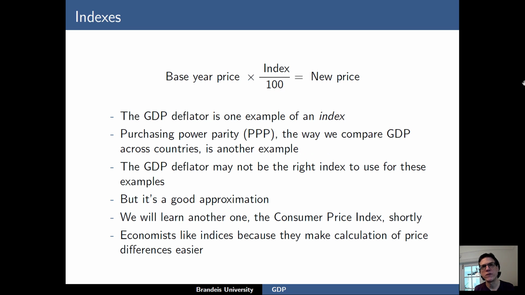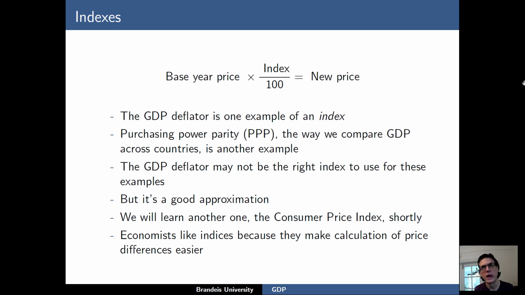Another example of an index we'll get to in a future video is purchasing power parity, and that's how we compare GDP across countries. There are other price indices besides the GDP deflator that compare prices over time, and so this might not be the right one to use, but for non-economists, it doesn't really matter which index you use as long as you use one, as long as you don't say that $300 in 1915 is the same as $300 in 2020.